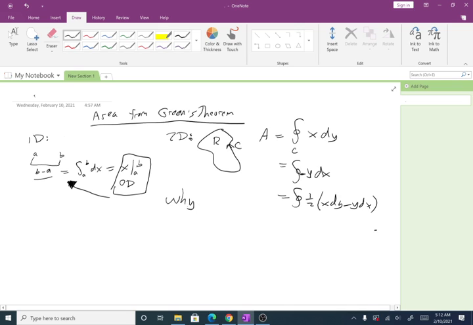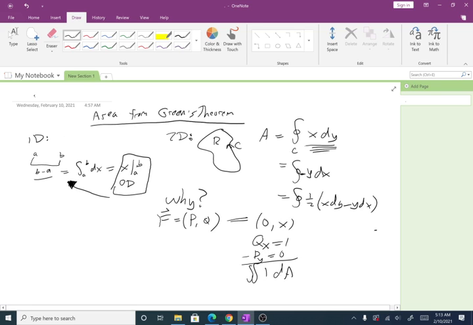So why is this true? If we put P and Q equal to each of these things in turn, we can see that it has to be true. For example, in case 1, P equals 0 and Q equals x, and so Qx equals 1, Py equals 0, so we end up just getting 1.